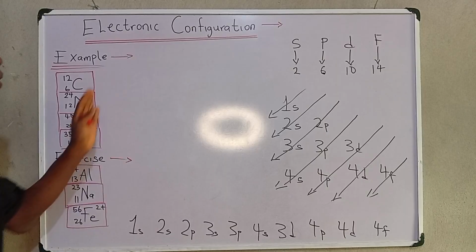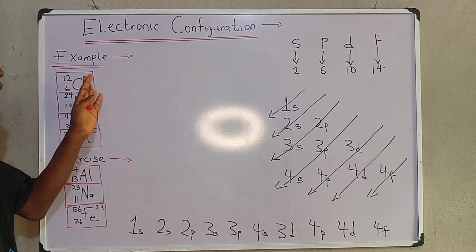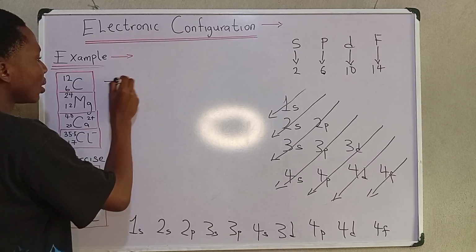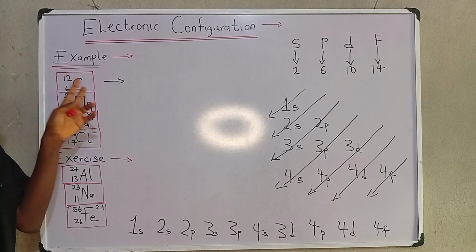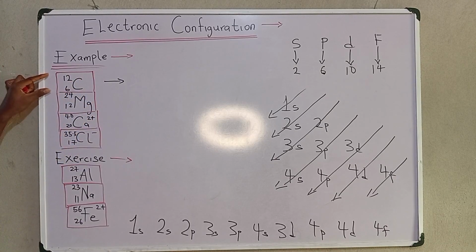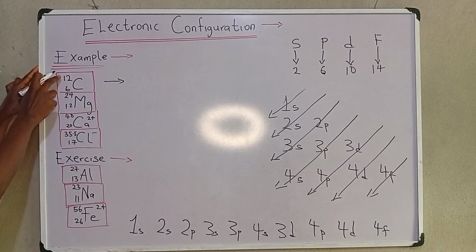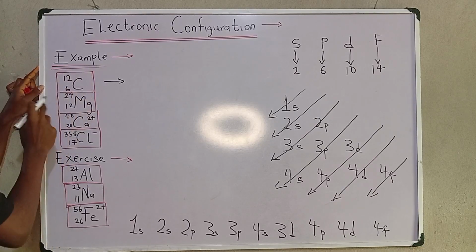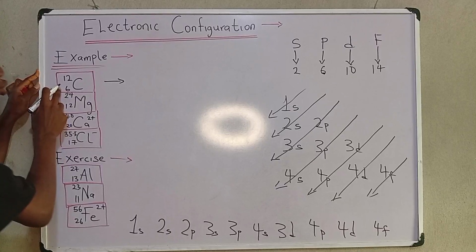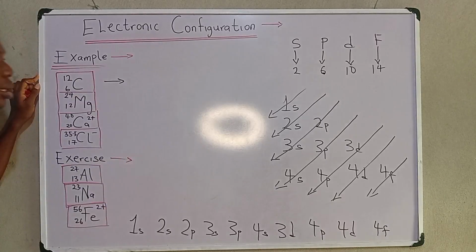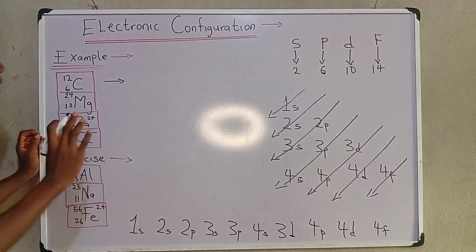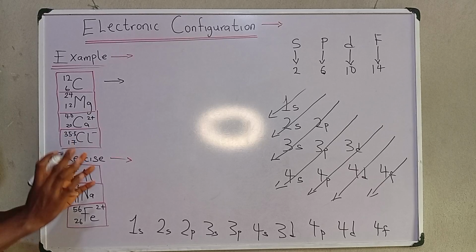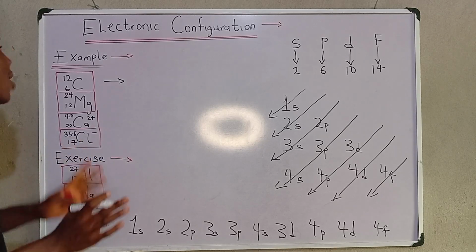Okay, now let's pick an example, which is carbon, right? Now this is an atom, not only an atom, but a non-metal. Now this number you are seeing here, what is this? This is the mass number. This is the atomic number, also known as the proton number. So on this note, we don't have anything to do with the proton, neither with the mass number.